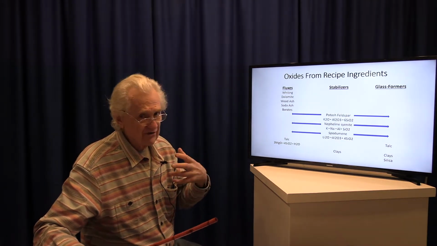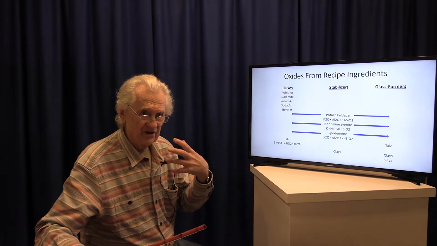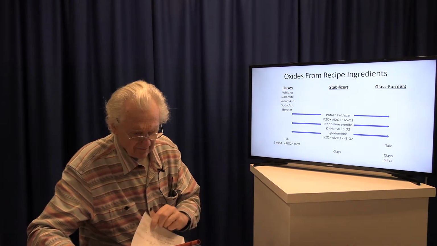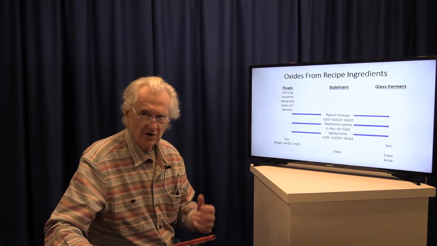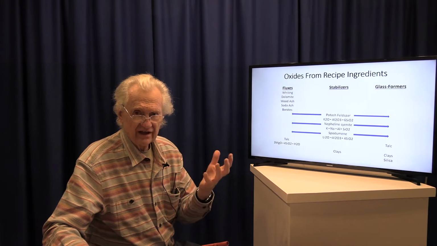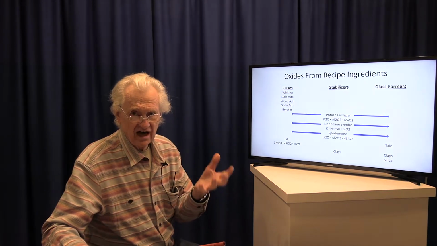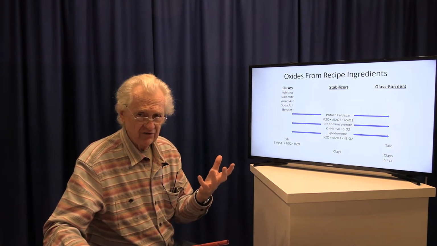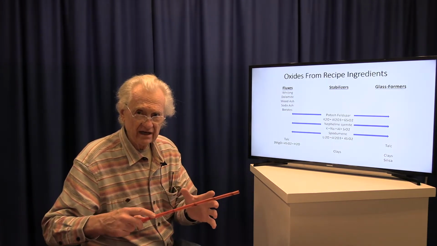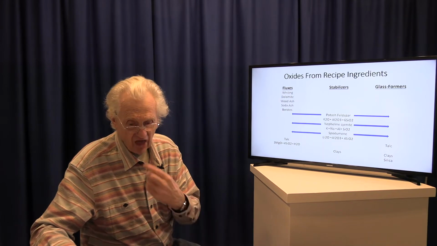So the raw materials, the glaze ingredients, provide those oxides. So basically what we have is a recipe with glaze ingredients, and the glaze ingredients contain various oxides. And when we combine the ingredients to make a glaze, all the oxides from all the ingredients combine and make up the final glaze.